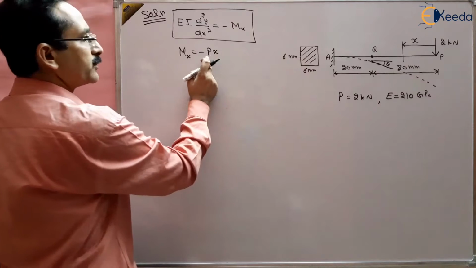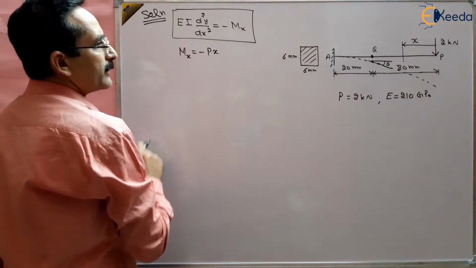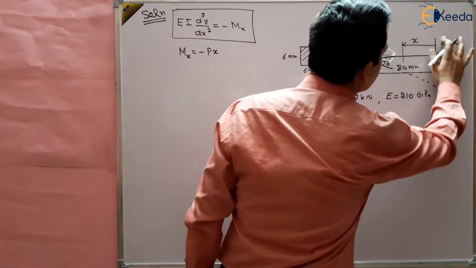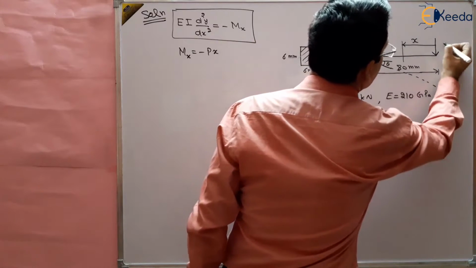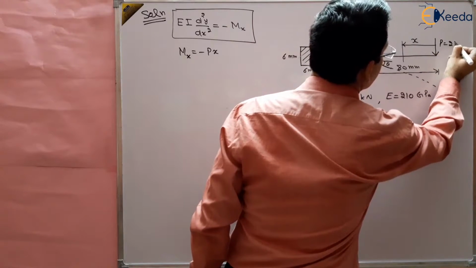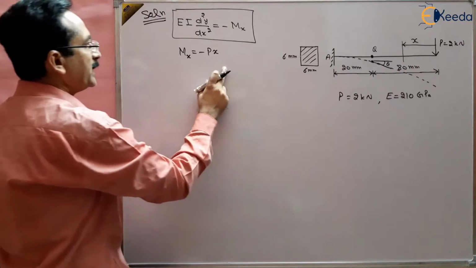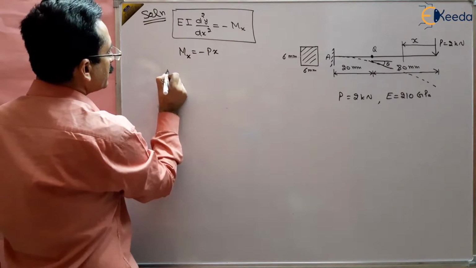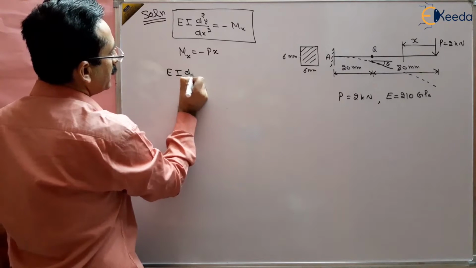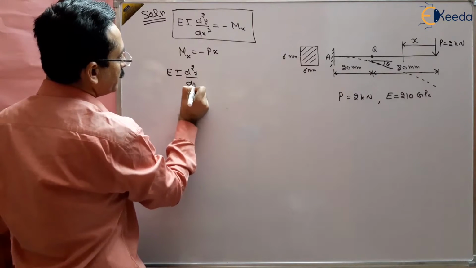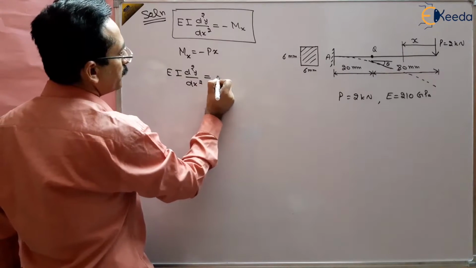P is the load, P is equal to 2 kN. So EI d2y by dx square will be equal to Px.